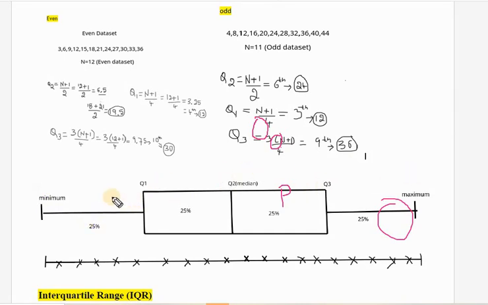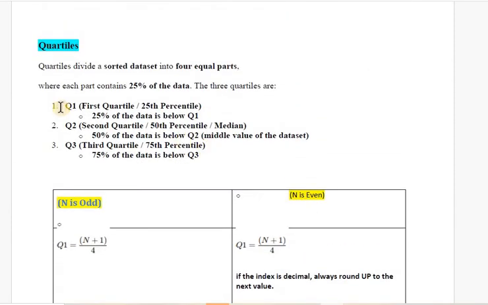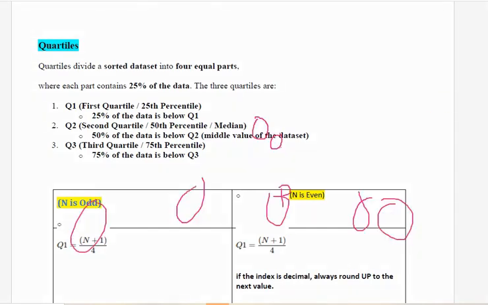It will completely divide the whole data set into 4 equal parts of 25% each. These are our extreme values, minimum and maximum when the data is sorted. So Q1, Q2, Q3 are the quartile values, where these cuts happen for dividing the data. Q1 is also called the first quartile, then second quartile, third quartile.